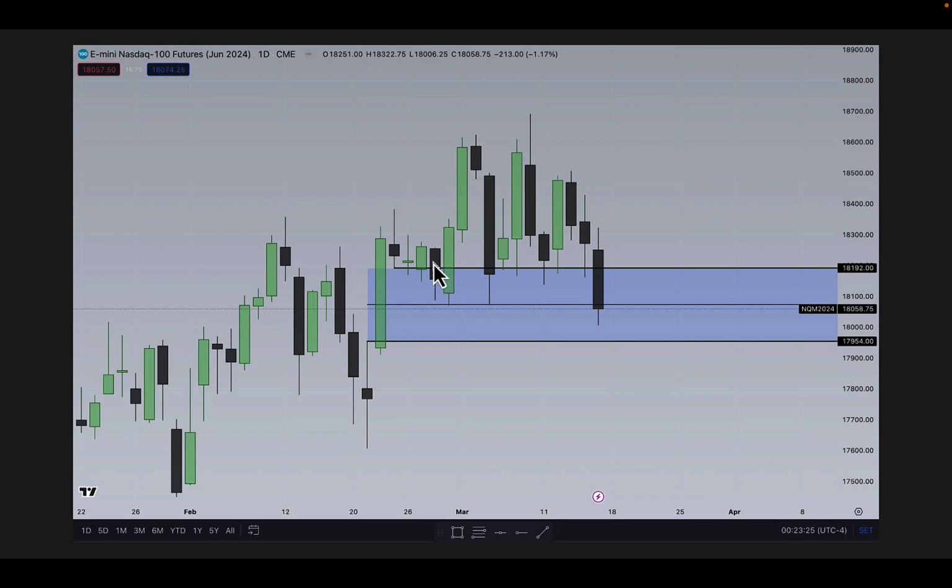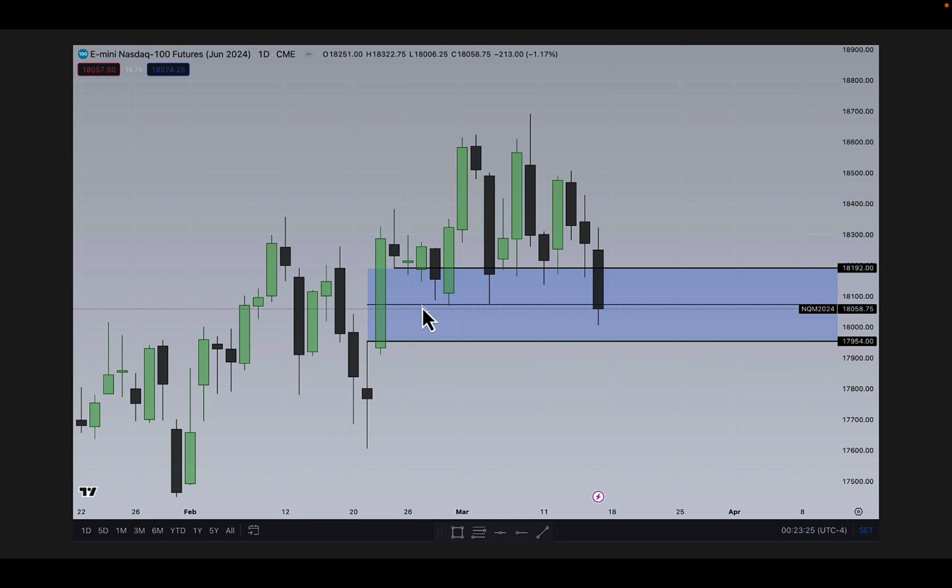So with that, clearly we just break through and run through all of those levels. No respect. I said if, especially if the mean threshold of this was not respected, broken through, my eyes were to these lows, and then of course the midpoint of this daily fair value gap.